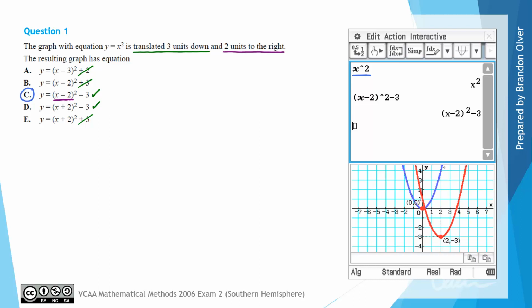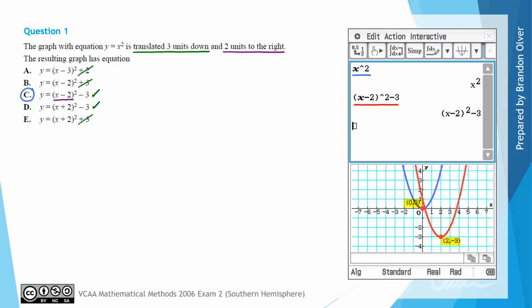And then our predicted answer, x minus 2 all squared minus 3, is in red on the graph shown. We can see that the vertex, or turning point, used to be at 0, 0, and the new rule has it at 2, -3, which is a translation of 2 units to the right and 3 units down. So we can be pretty confident that option C is correct.